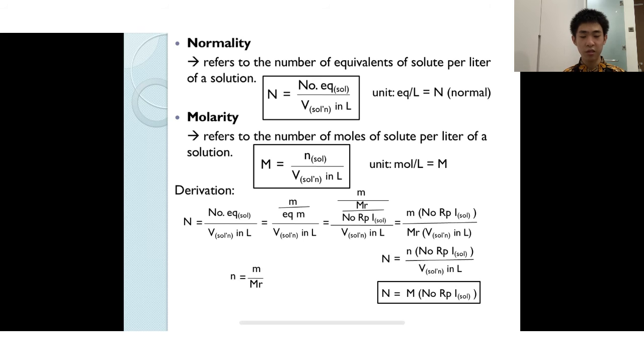Mass over relative mass is also number of moles. So normality equals number of moles times the number of replaceable ions over volume. So number of replaceable ions times molarity, which is moles per liter, is equal to the normality. So normality equals molarity times number of replaceable ions.